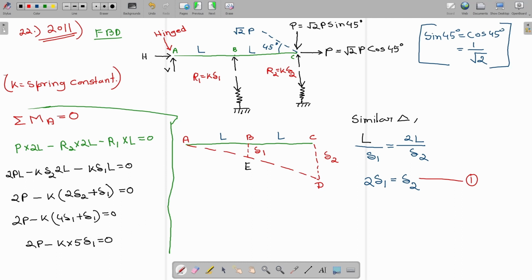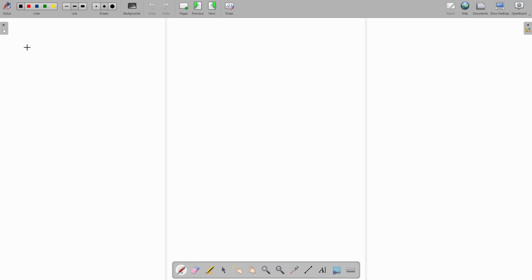So delta 1 is given as 2P by 5K, and delta 2, which is 2 times delta 1, is 4P by 5K.